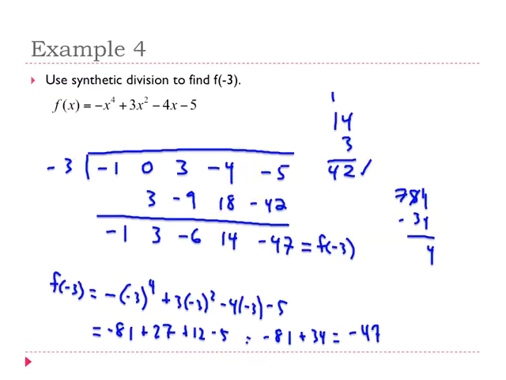No. That is awesome. Okay, so this is not working out the way I wanted it to. And of course, I'm in the middle of a recorded lesson, so this is just awesome. Let's see here. Negative 81, negative 3 squared, 9 times 3, 27, 12 minus 5.